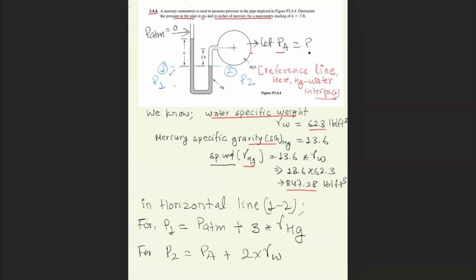Like I already described about points 1 and 2, in the horizontal line on the left side, the pressure P1 is equal to P atmospheric plus 3 times the specific weight of mercury. Similarly, P2 will be equal to PA plus 2 feet of water, as pressure is added when we go down.